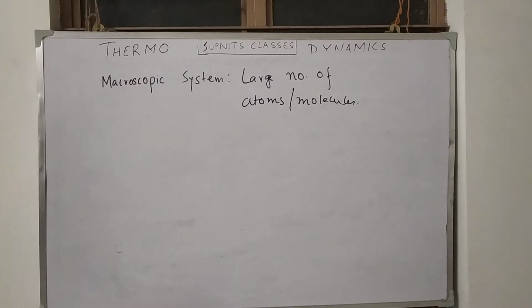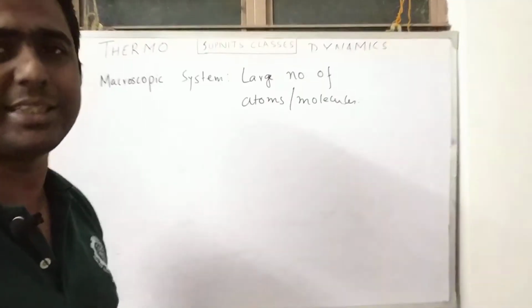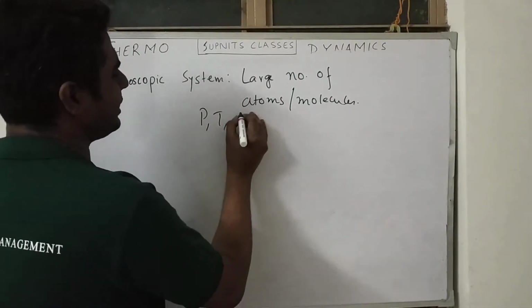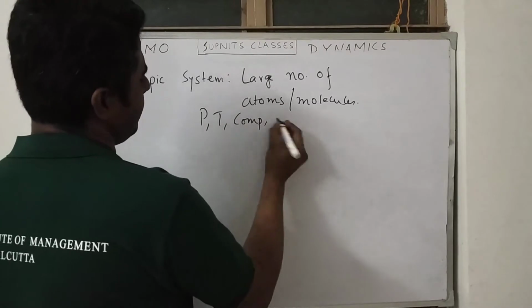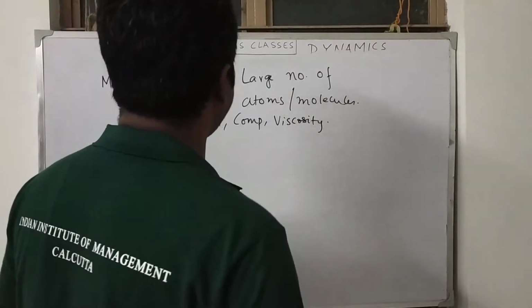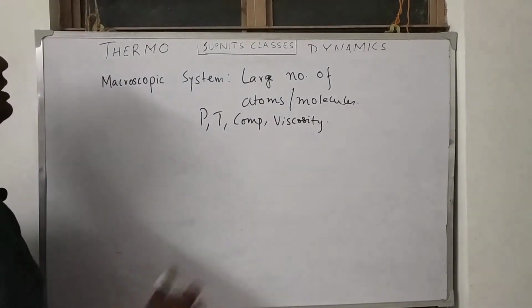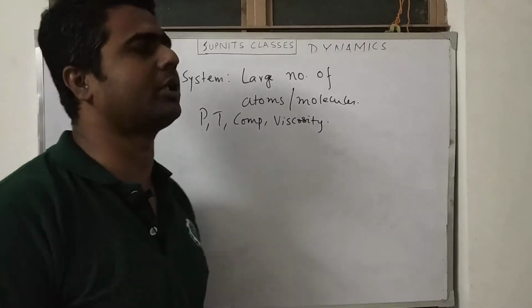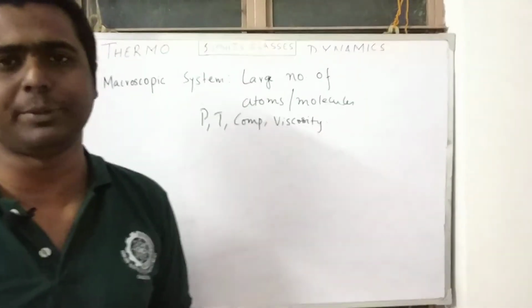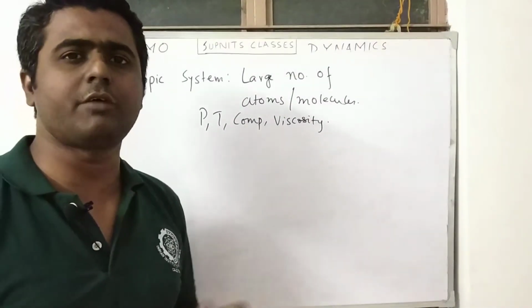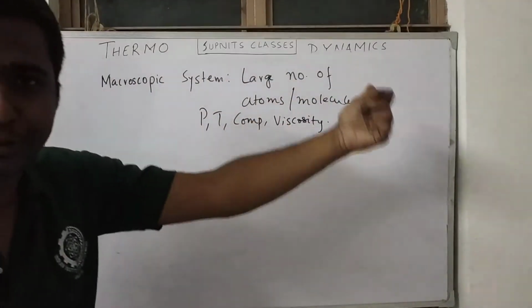What are those properties that we are associating with those systems? Those are called measurable properties, like pressure, temperature, composition, viscosity. Okay, this sort of properties are associated with macroscopic systems. So when a large number of atoms and molecules are considered, then it is a macroscopic system, which is the purview of our study in our new chapter called thermodynamics.